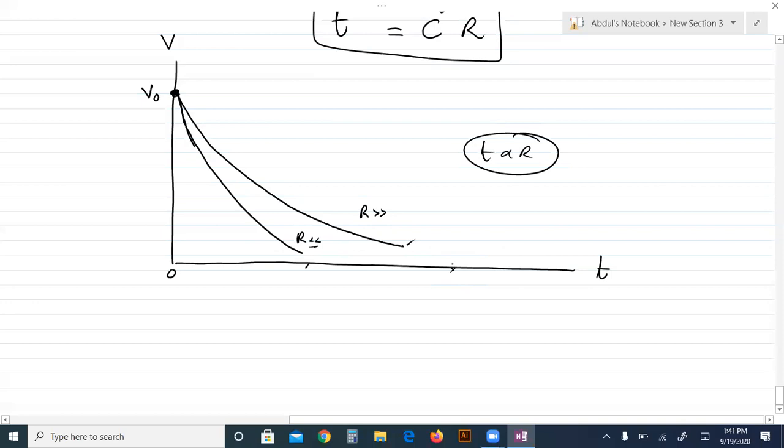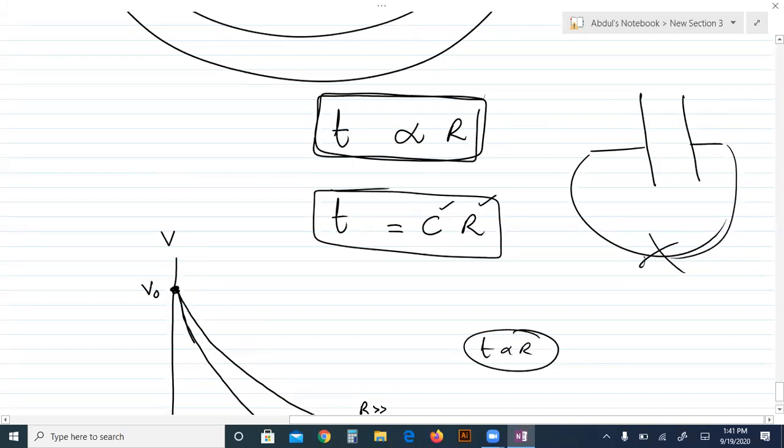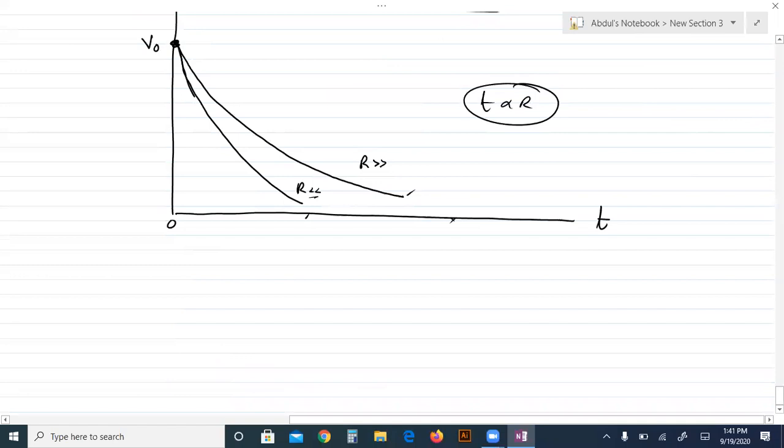But if the capacitor is short-circuited, meaning its terminals are connected with each other without any resistance, suppose this is the capacitor and these terminals are connected with each other without inserting any resistance, then it will take a very short time. It discharges suddenly, which is called a short circuit.